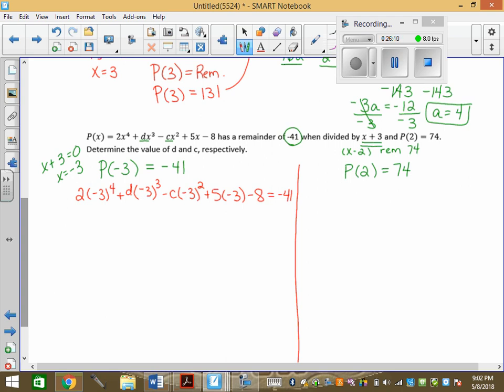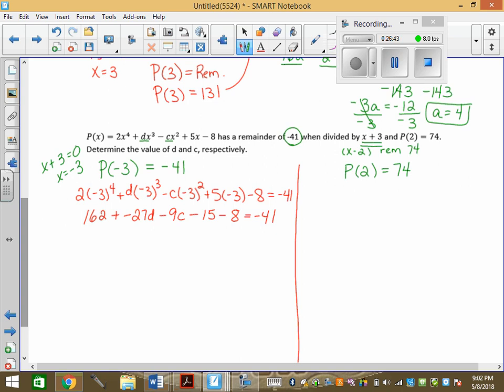So negative 3 to the 4 times 2 is 162. And then we get plus a negative 27d, which you don't have to put the plus and negative. That's silly, but I just did it to prove a point. And then negative 3 squared is positive 9 times a negative c is negative 9c, minus 15 minus 8 equals negative 41.